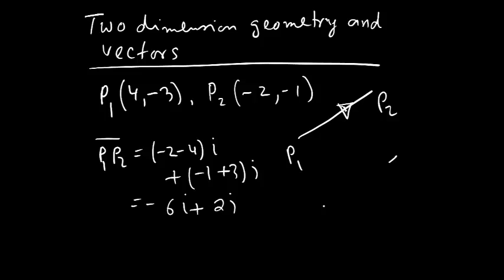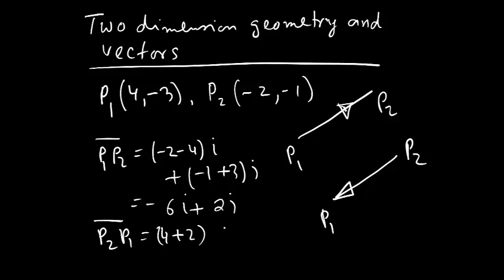But if I want to get a vector that is going in this direction, this is my P1 and this is my P2. Now P2 is my initial point and P1 is my terminal point. So it will be P2P1, and now you go from -2 to 4, so 4 minus (-2) will make it 6i, plus (-3) minus (-1), which is negative 2j.